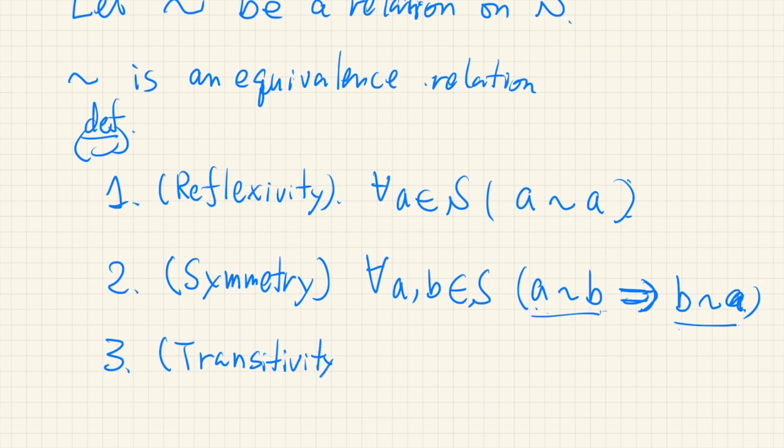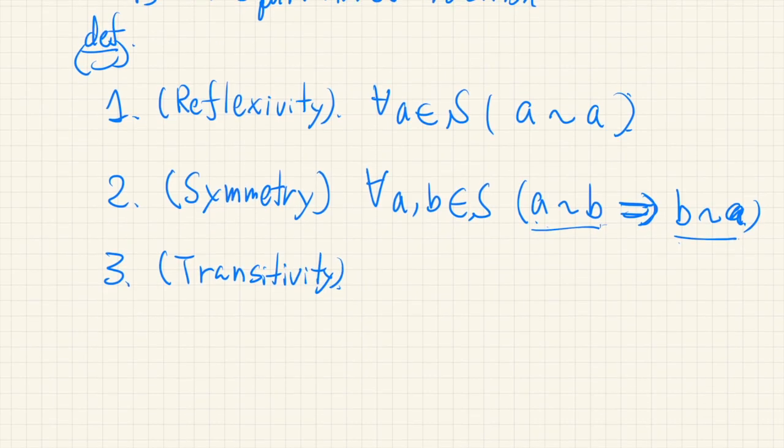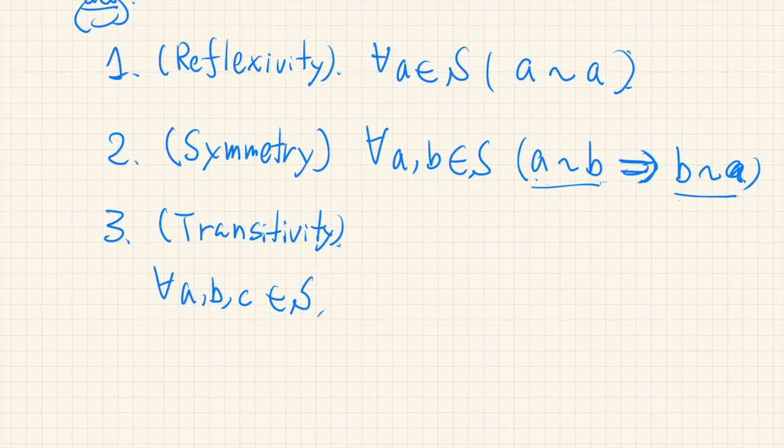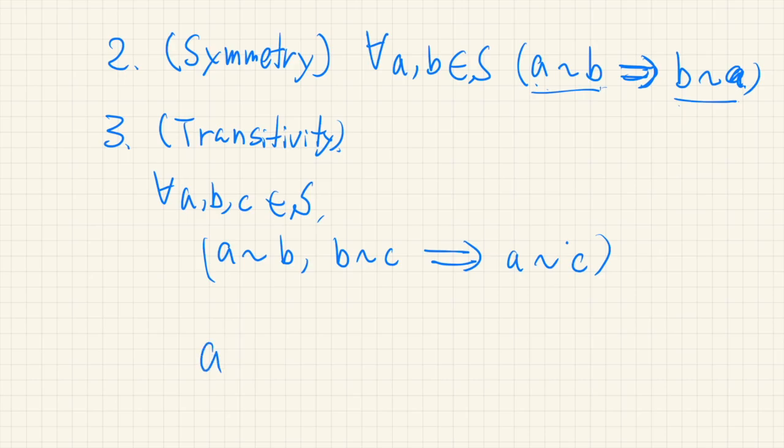That is, for all A, B, C in S, if A is related to B and B is related to C, then A is related to C. This is called the transitive property.